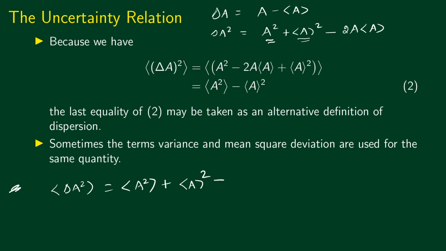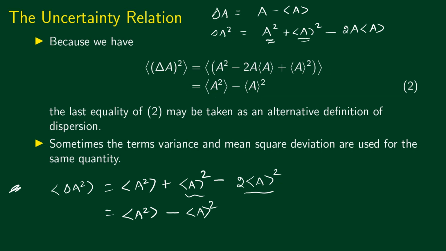Minus, here I have twice A multiplied by the average value of A. When I take the average, it becomes twice the average value of A times the average value of A. This I can write as the square of the average value of A. So these two terms both have the square of the expectation value of A. This can be written as the average of A square minus the square of the average value.